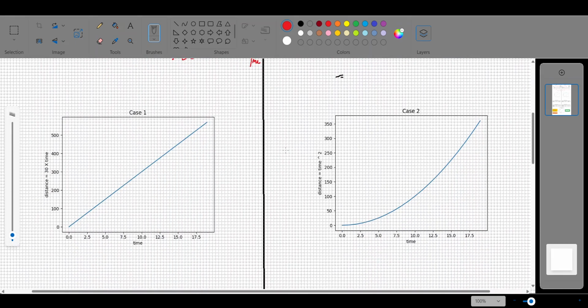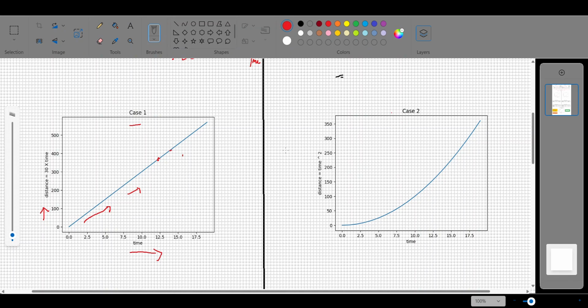You can see that one is a straight line because it shows how consistent student 1 has been. Once again, let me just highlight it. So this is case 1. You can see how slowly and constantly the distance is increasing with time. So time is the x-axis, distance covered is the y-axis. And with each minute, 30 meters more is covered.